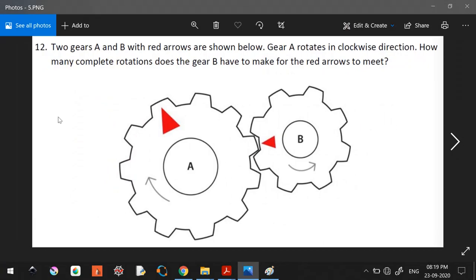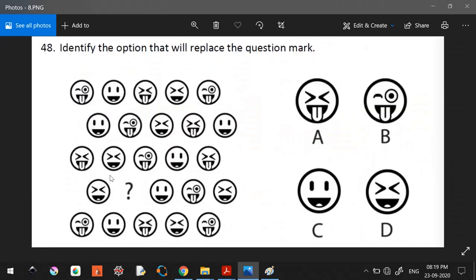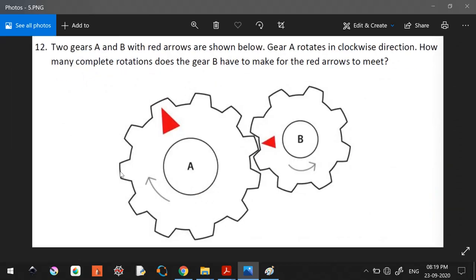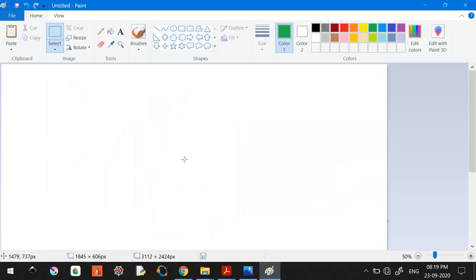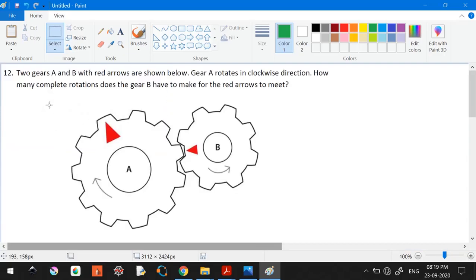Okay. Oh man, that's a big question. No matter how much I try, I'm not able to wind this thing in an hour. Okay, so let's see this. Let's take this. I will copy this for reference.